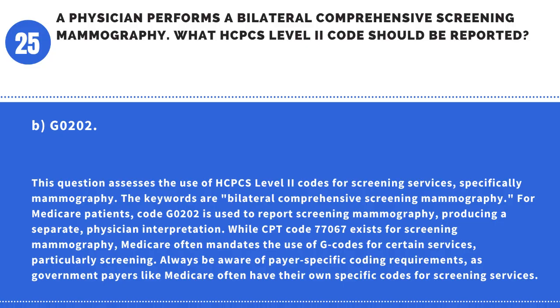While CPT code 77067 exists for screening mammography, Medicare often mandates the use of G codes for certain services, particularly screening. Always be aware of payer-specific coding requirements, as government payers like Medicare often have their own specific codes for screening services.